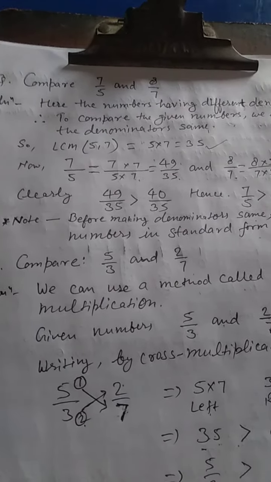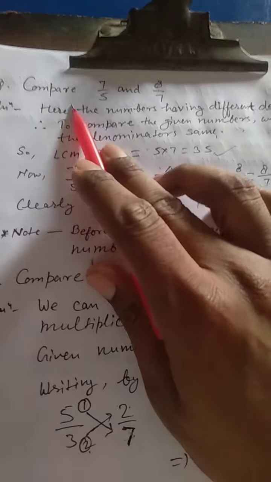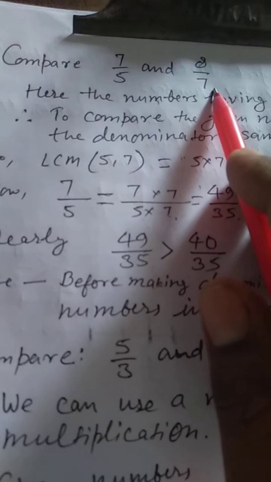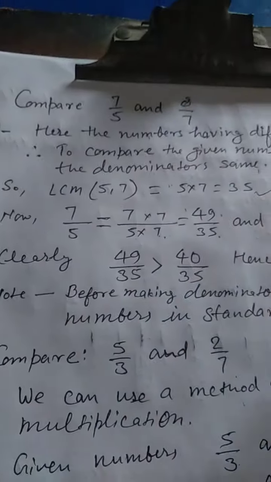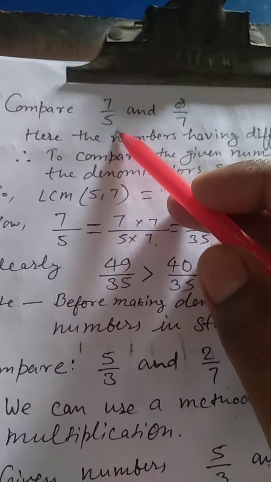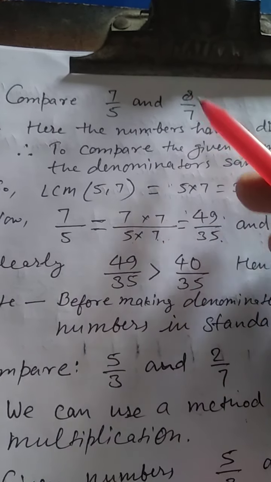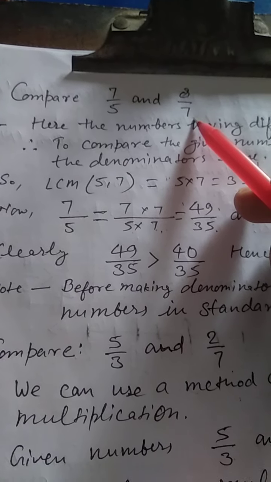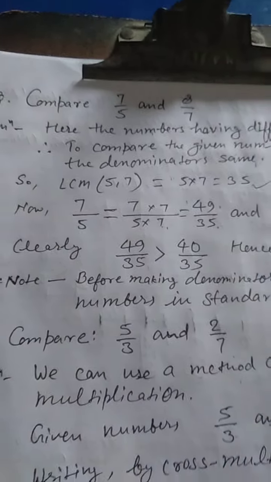Now, the special thing. Compare 7 by 5 and 8 by 7. Students, you can see 7 by 5 and 8 by 7, the given numbers, have different denominators. So what can I do right now?